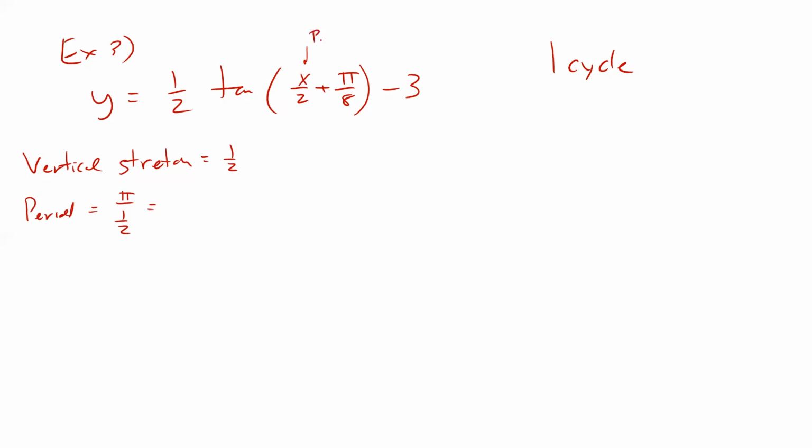It's this little b value right here. You can label this as the a value still here. You can do c and d if we like. So period is pi divided by b, which becomes pi over 1/2, which just becomes 2 pi.